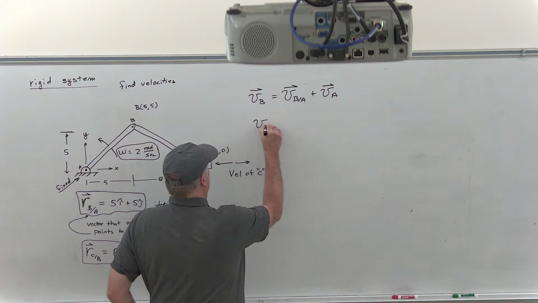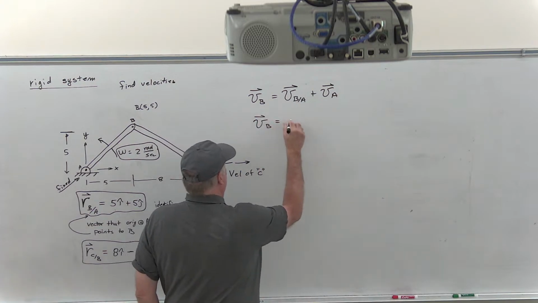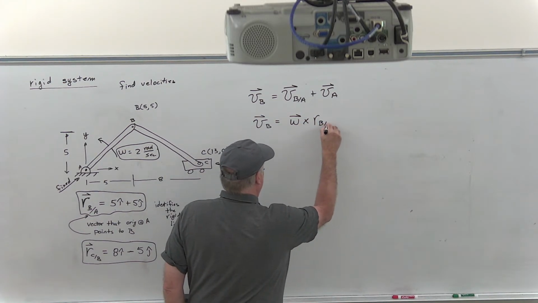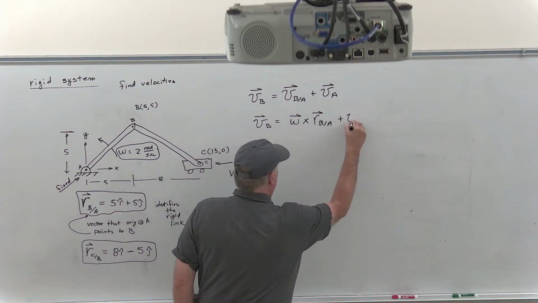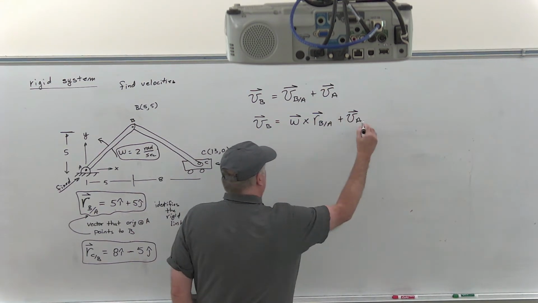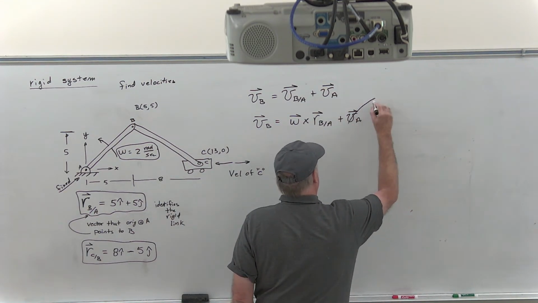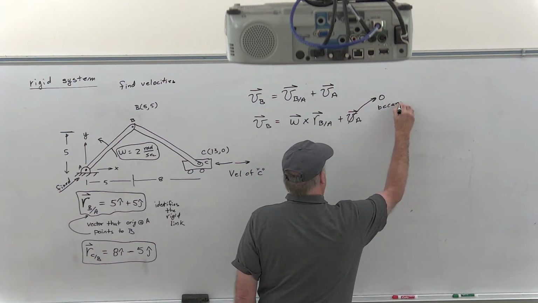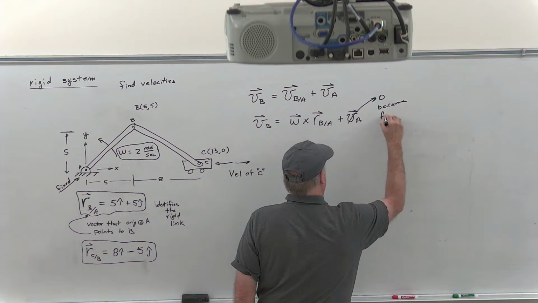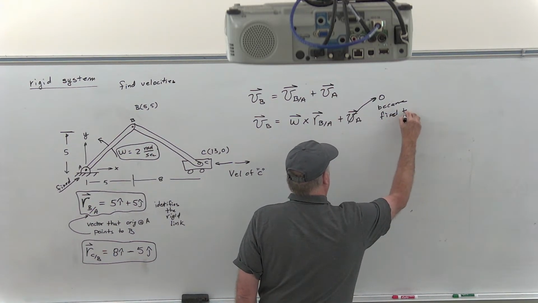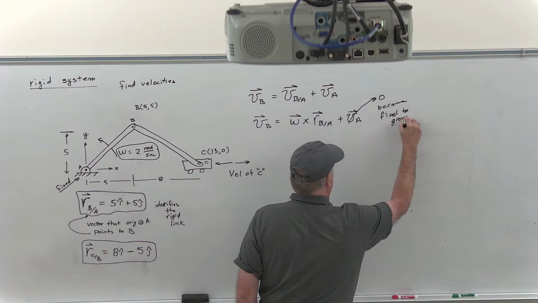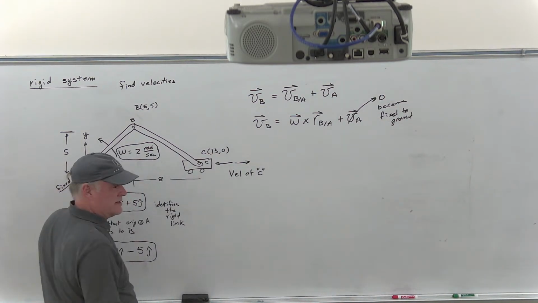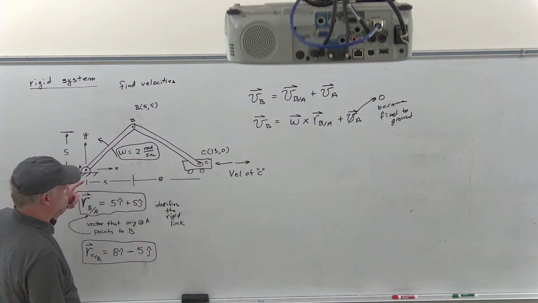And velocity of B is equal to omega cross R B to A plus the velocity of A. We look at the velocity of A and we find out it's 0 because it's fixed to the ground, or wherever. It's fixed to the ground or the part of your engine that's the engine part. It's stuck there.